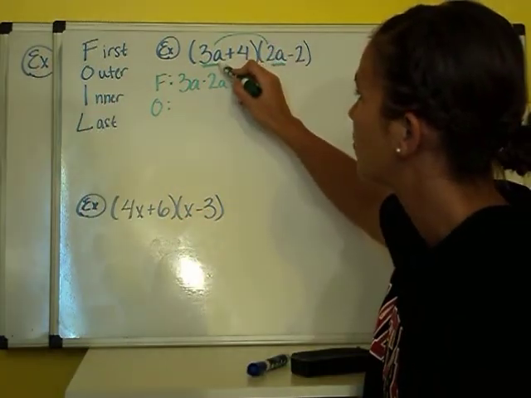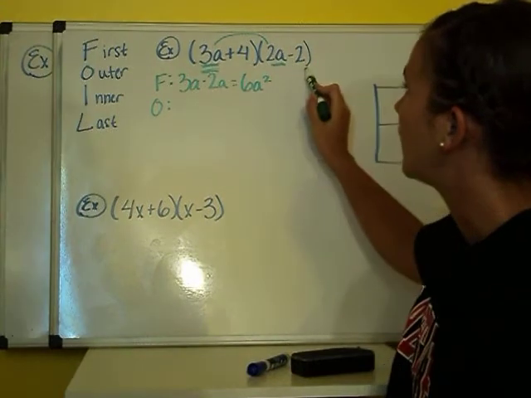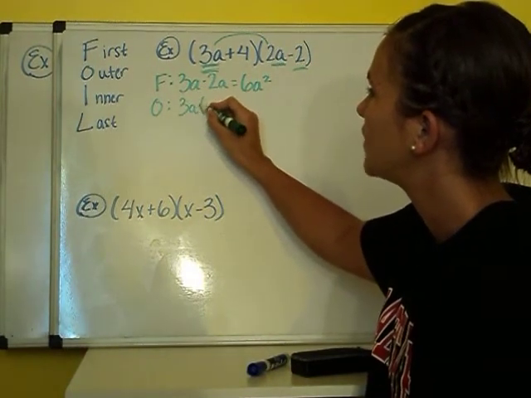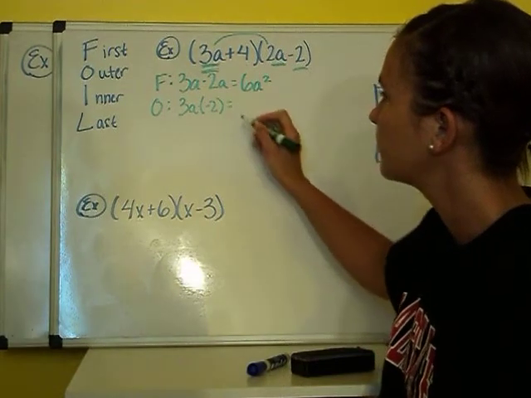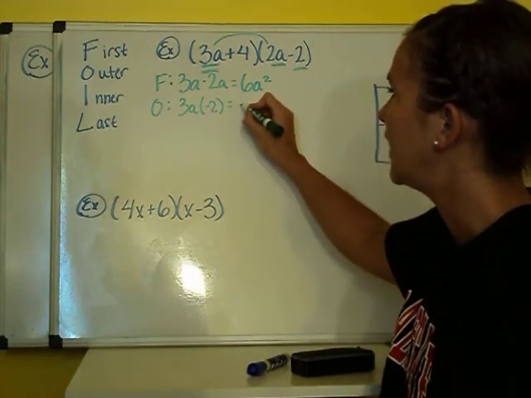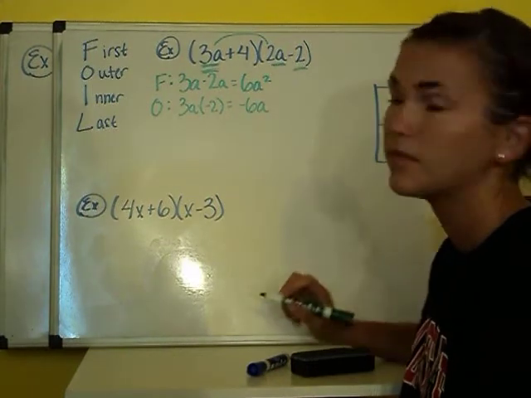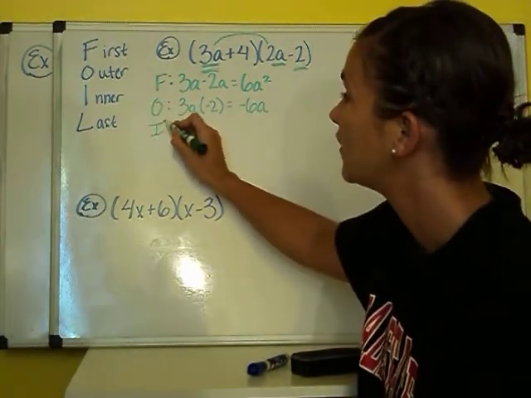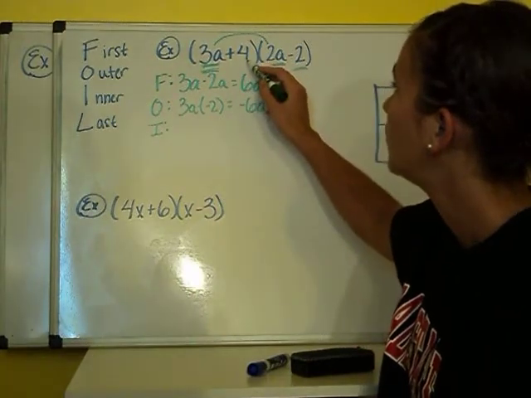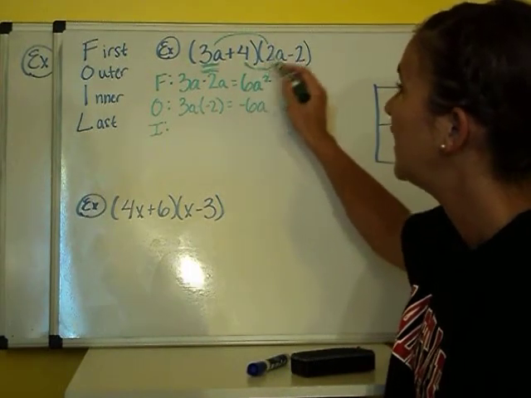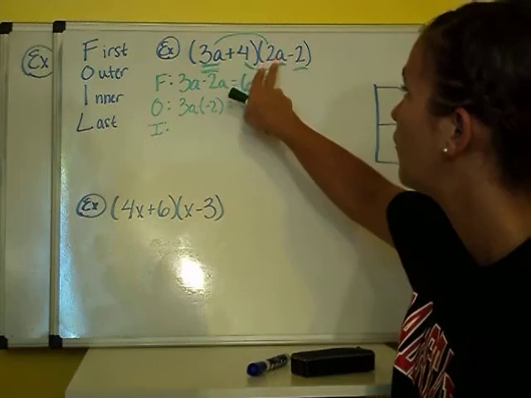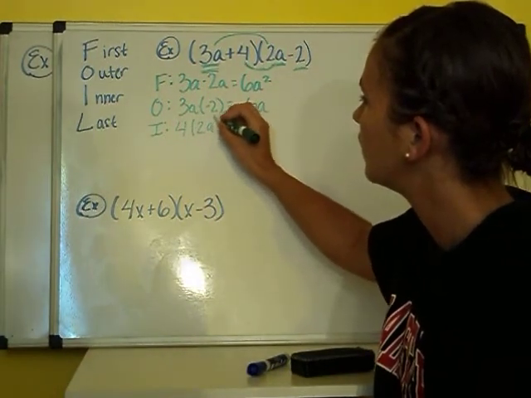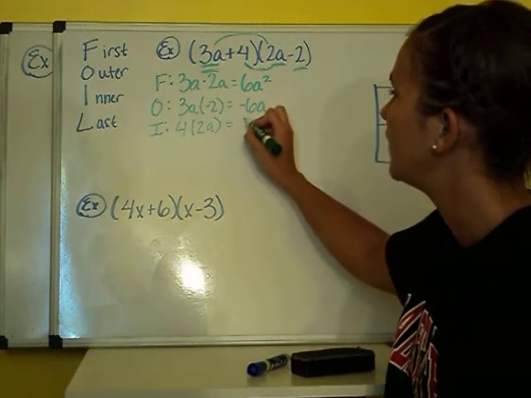That gives us our 3a and our -2. So we're going to have 3a times our -2, which gives us -6a. I stands for inner, which is right here, the innermost parts. So our 4 times our 2a, which is going to give us 8a.